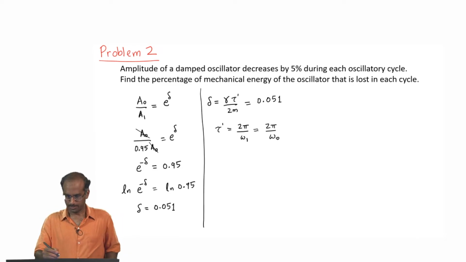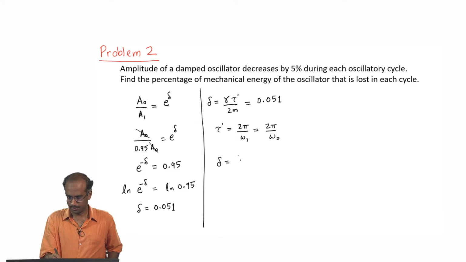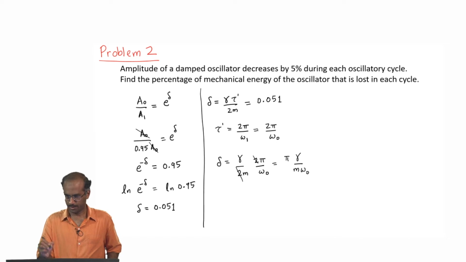Now, if I substitute this in the value of delta, I will get delta is equal to gamma by 2 m into 2 pi by omega 0. So, 2 and 2 will cancel out. I will get pi into gamma by m omega 0.